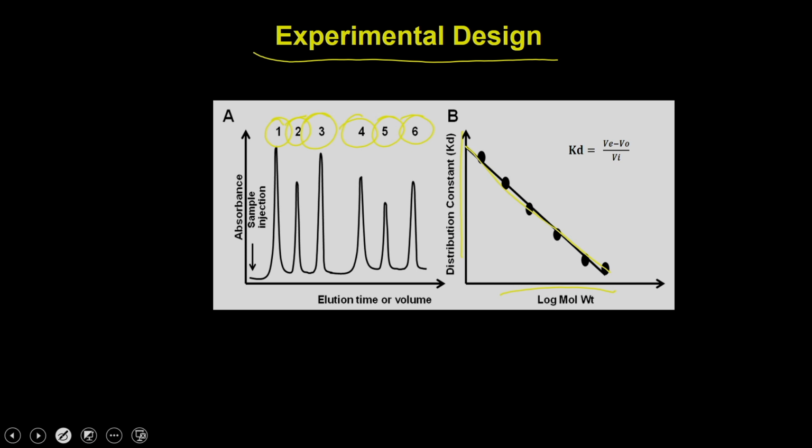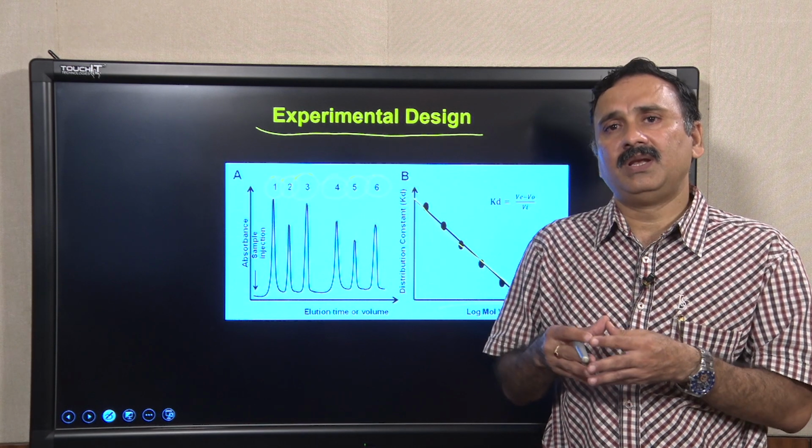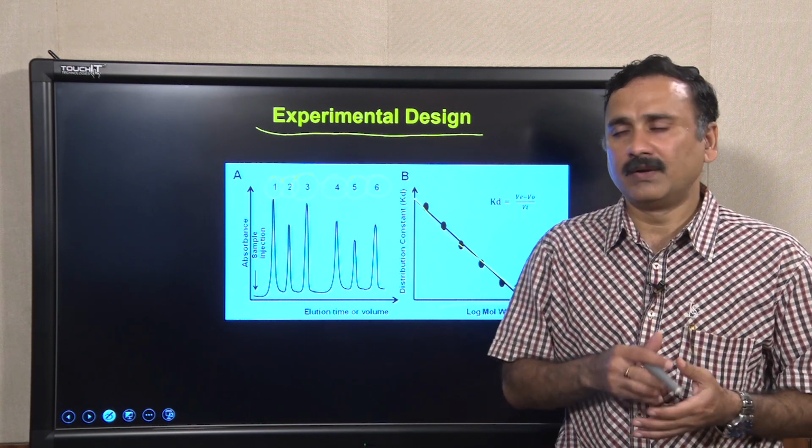That calibration curve can be used to determine the molecular weight of the unknown protein X, as well as the oligomeric status, as well as whether the protein is present in the native conformation or not.